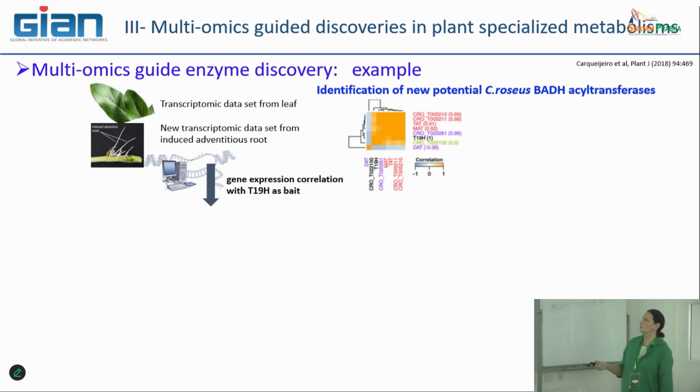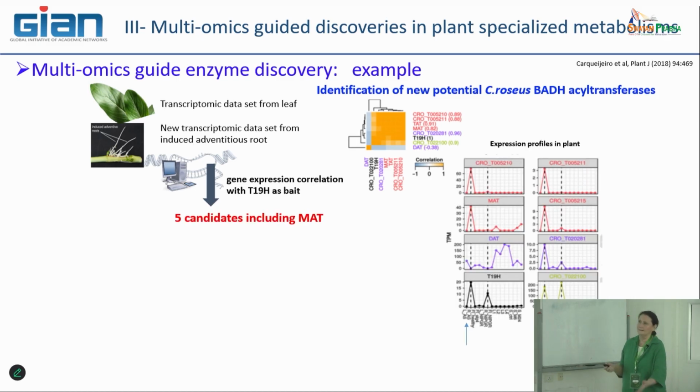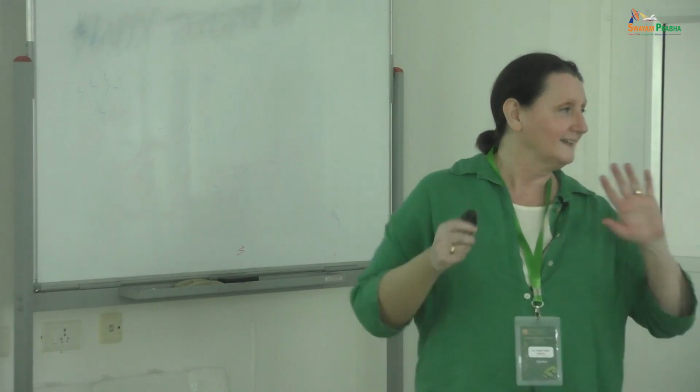In this way, we made a correlation with the genes expressed in the transcriptomic data and with different conditions. And in this condition, we found it was quite interesting: we found only 5 candidates. That was the ideal situation, not so many candidates.